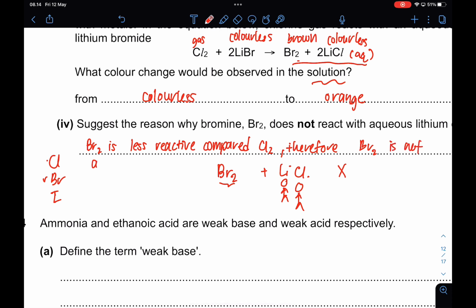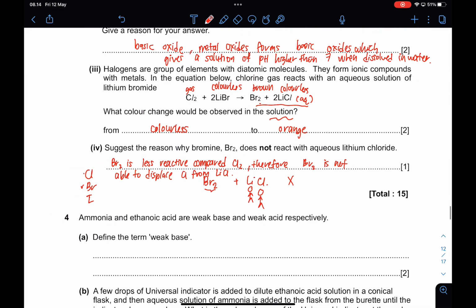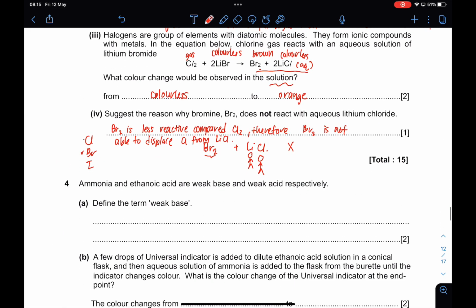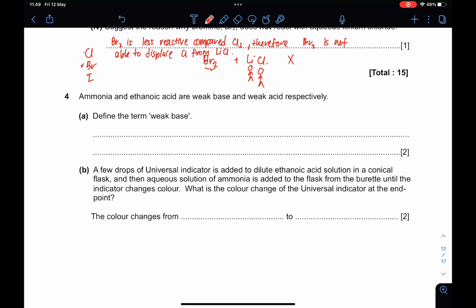Therefore, Br2 is not able to displace Cl from LiCl. Full stop.